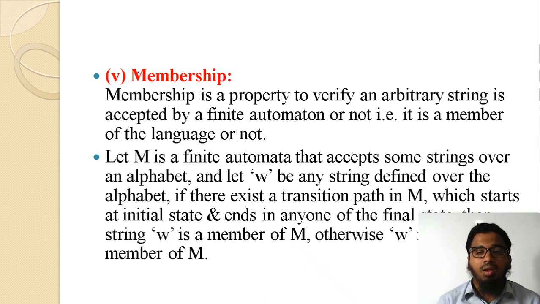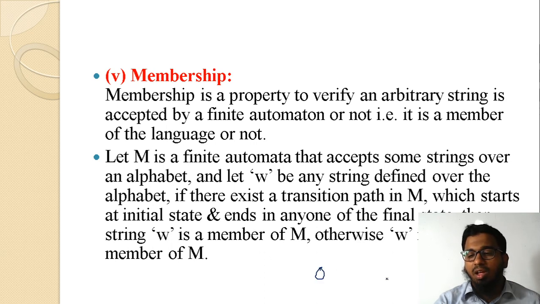Let M be a finite automaton that accepts some strings over an alphabet. Let W be any string defined over the alphabet. If there exists a transition path in M which starts at the initial state and ends in any one of the final states, then the string W is a member of M, otherwise W is not a member.